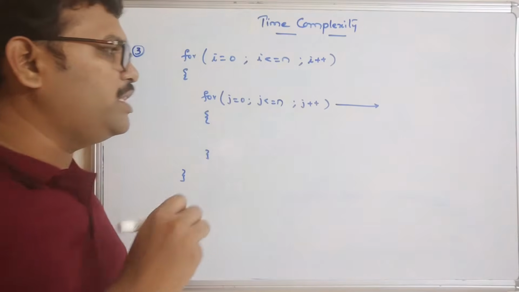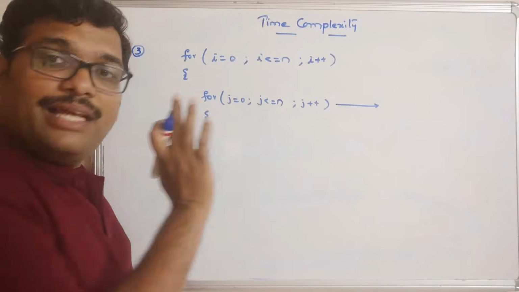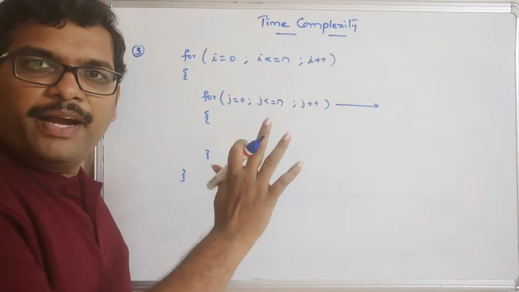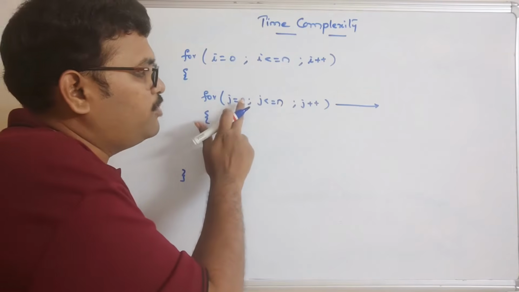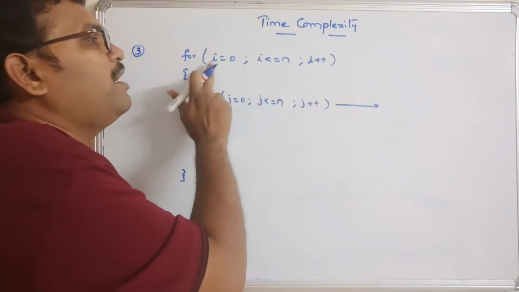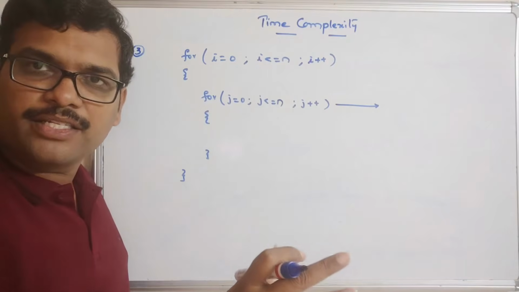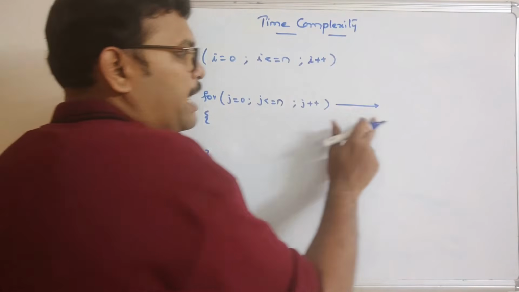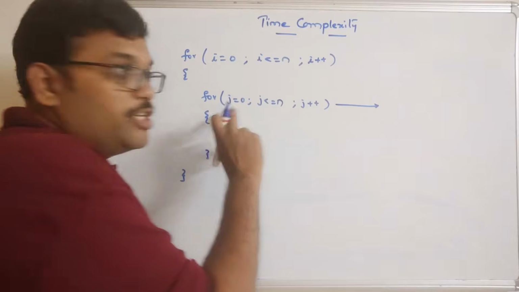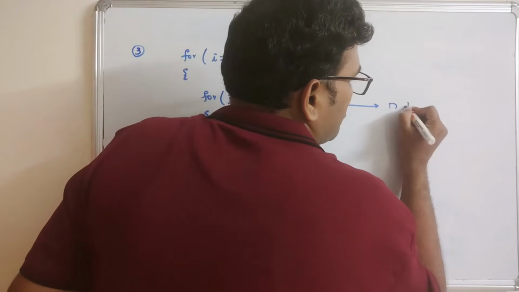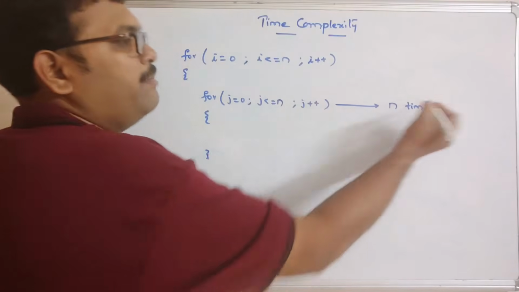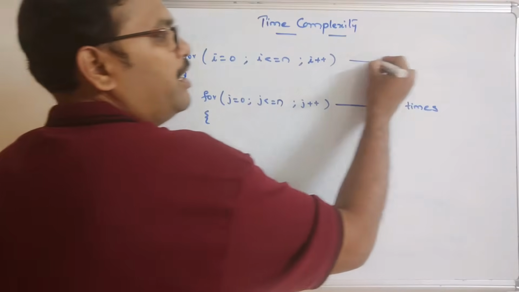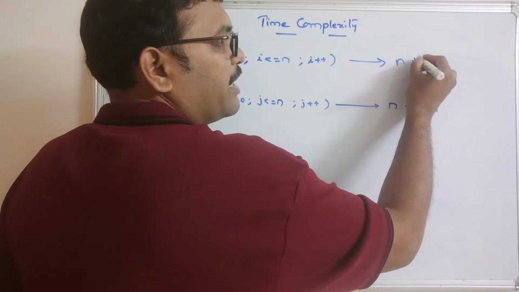Now we will see only the simple things. So this is independent, there is no dependency. j will be iterating from 0 to n, and i will be iterating from 0 to n. How many times will this inner loop be executed? n times. And how many times will the outer loop be executed? Obviously n times.